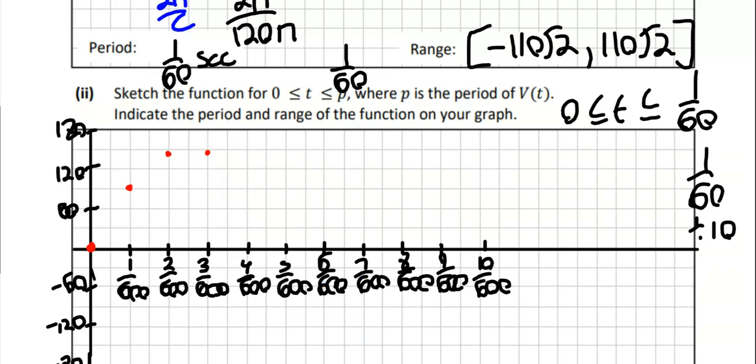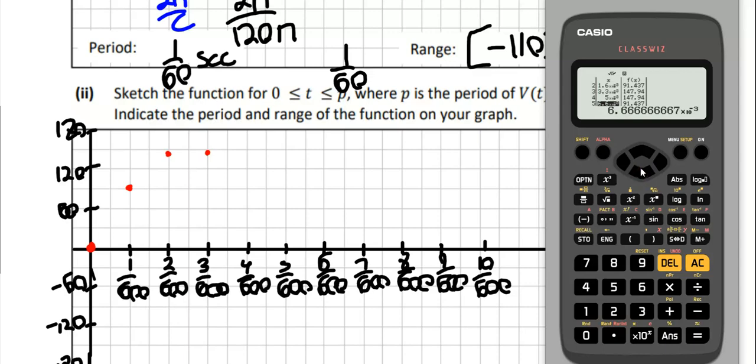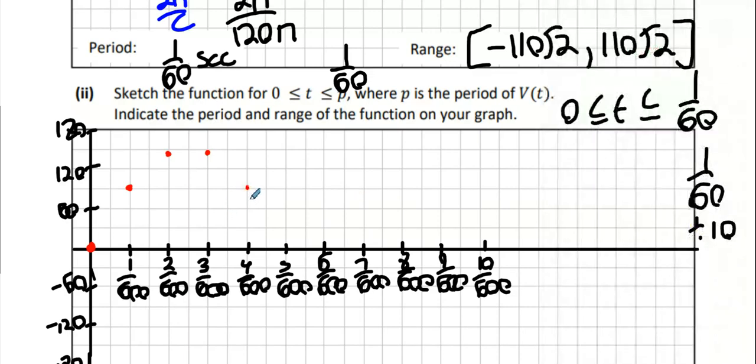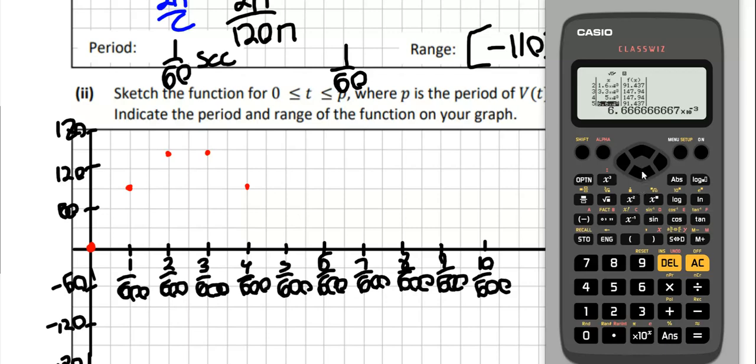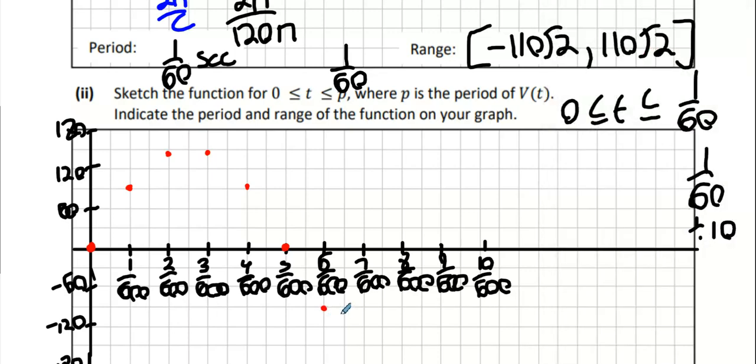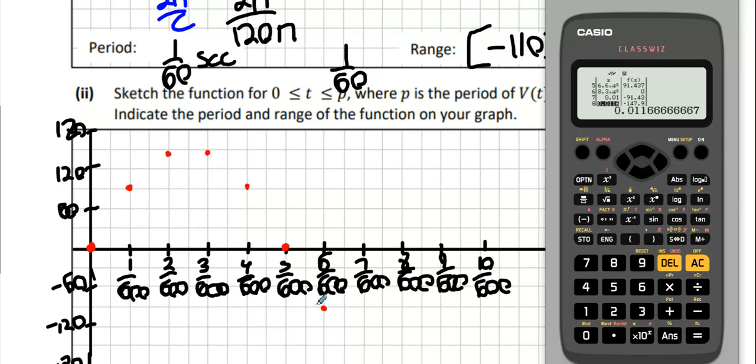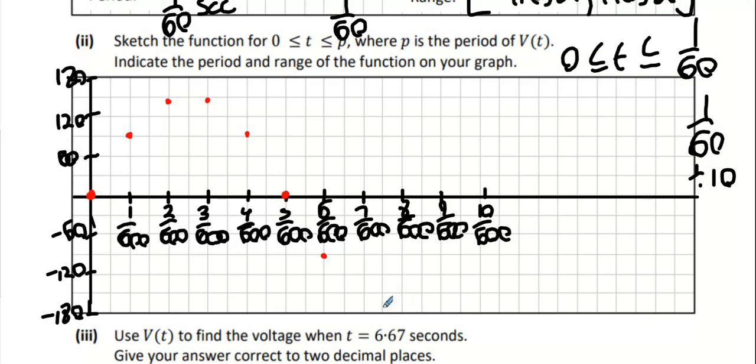Okay. 0.4 is back to 91 again. 0.5 is back to 0. And then it's going to be the negative version of that. 0.6 is minus 91, so just below the minus 90 mark, halfway between minus 60 and minus 120. Then the next one's going to be minus 147, so just slightly below the 150 mark. Another 91. Finally, another that.